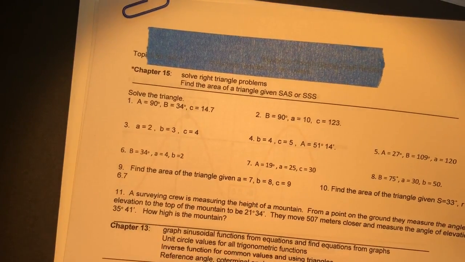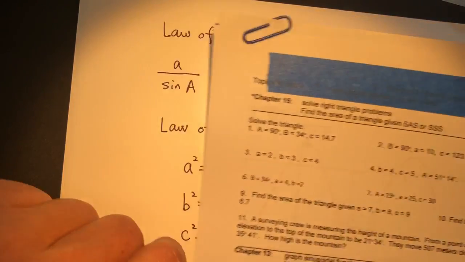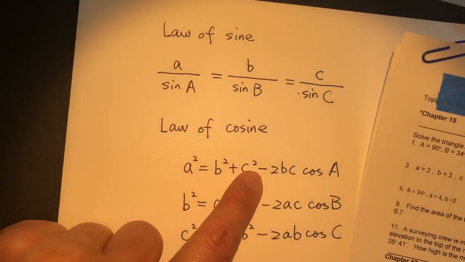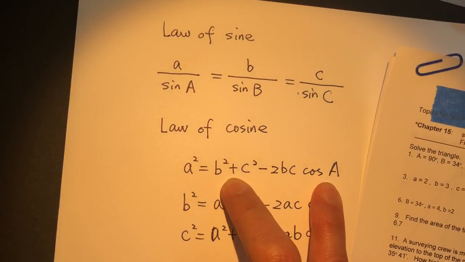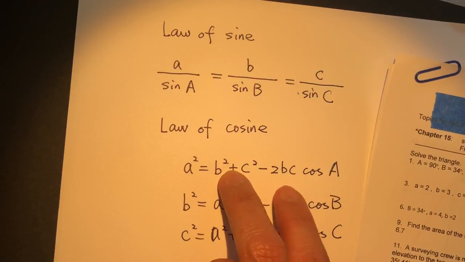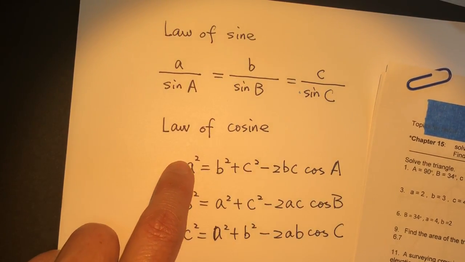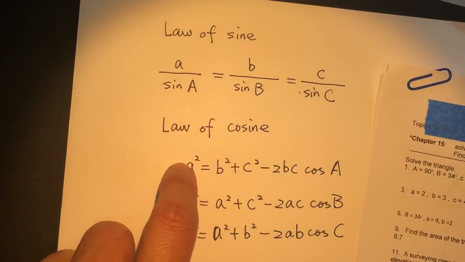They are not facing each other, another side angle. So which one do we use? BC and angle. So we use law of cosine, right? Because we know all these, we do not know this part, another side, so we can use law of cosine.